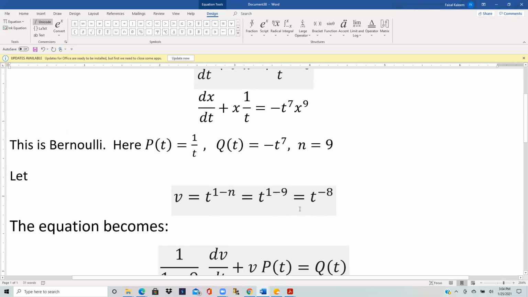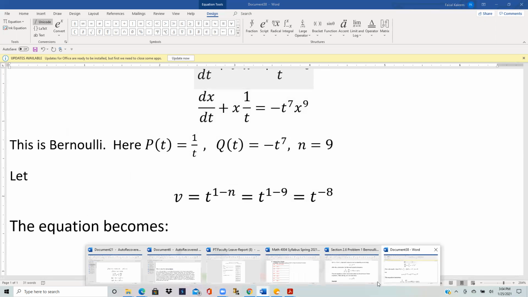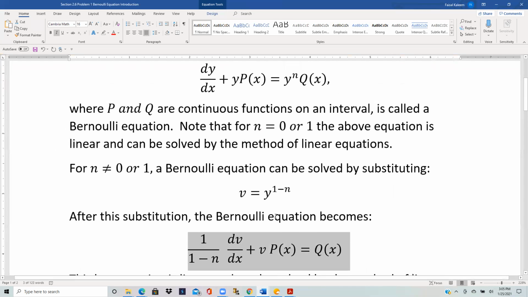Okay, let me show you again. The general substitution is v is equal to y power 1 minus n.